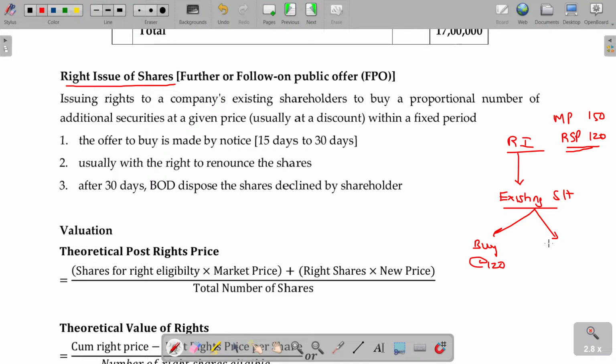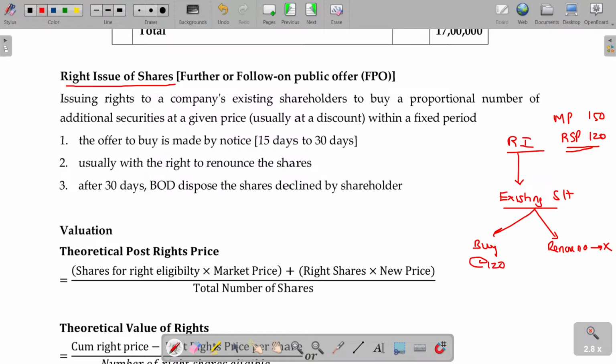That is called renouncing the right. Renounce this to some third party, probably X. Renouncing means I am transferring my right to a third party. Sir, I have the right coupon. If you have the coupon, you can purchase at discounted value. 150, if you have the coupon, you can purchase for 120. As I have the right coupon, I can purchase it for 120, but I don't have 120 rupees.